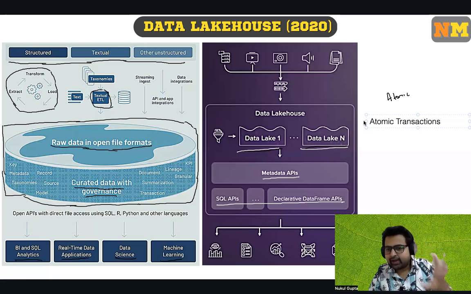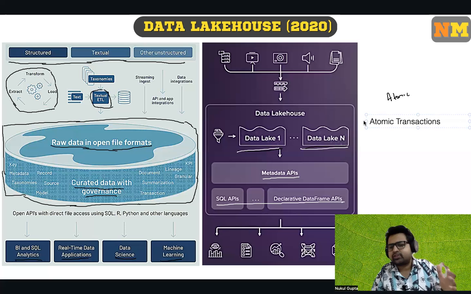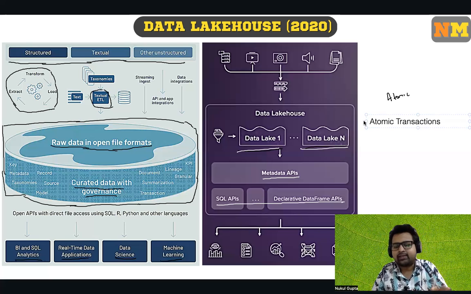So a data lake does not follow atomicity. It means that let us suppose you are ingesting data inside a data lake, and there are 5 operations in a transaction, but only 2 get committed. After 2 operations, because of some reason it gets interrupted or terminated, then only those 2 operations will be committed, the rest 3 will not be committed, and hence inconsistency will be created in the data lake.